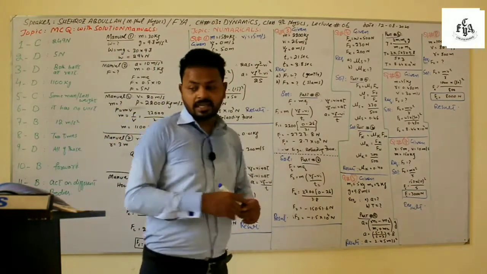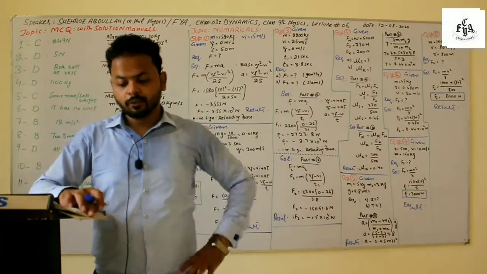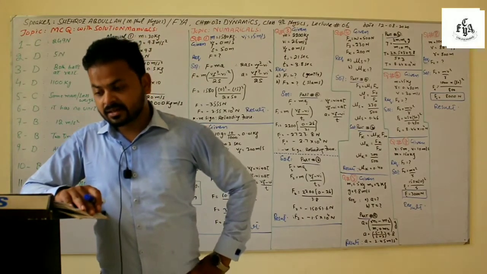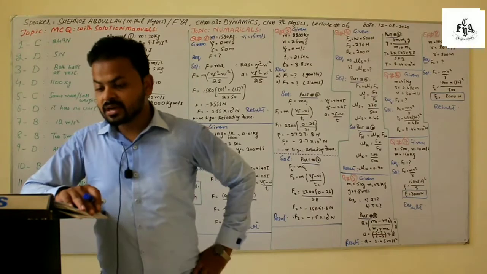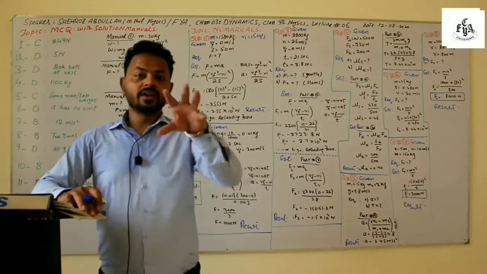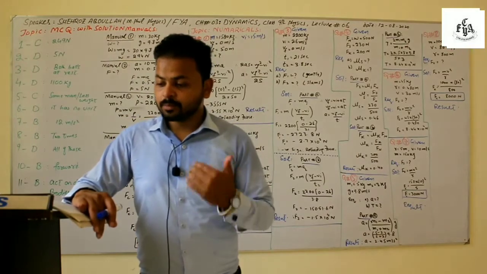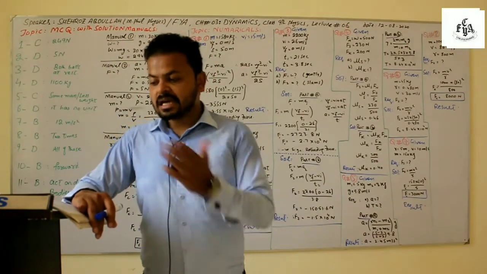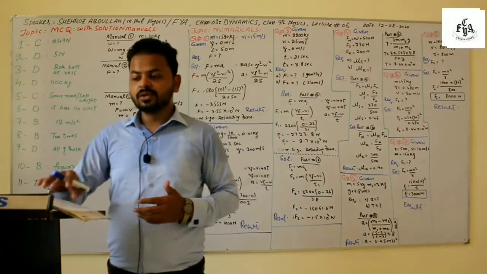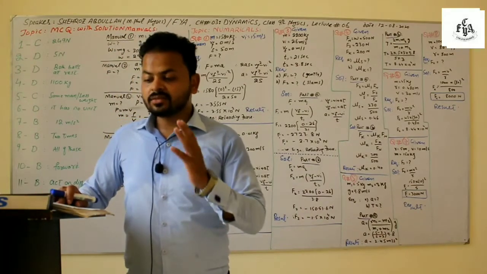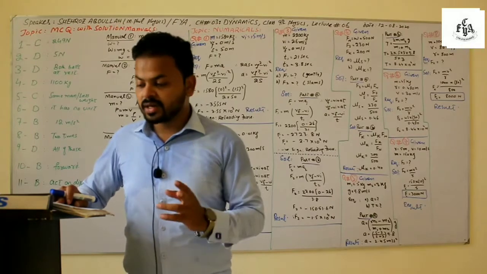Okay, let's read the statement of question number 4. If you move a 500 Newton crate across a floor, to start the crate moving, you have to pull with 230 Newtons, right? Horizontal force. Once the crate breaks loose and starts to move, you can keep it moving at constant velocity with just 200 Newtons, right?